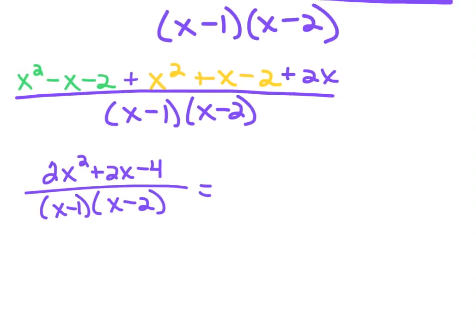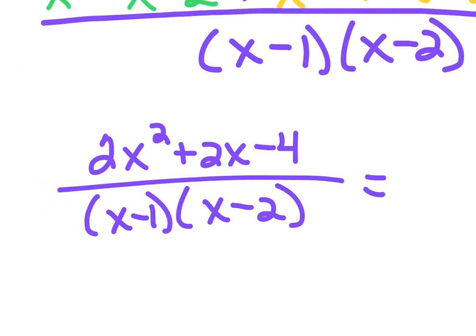I can factor that numerator, and you're going to need to do this on the side of your paper, but I can take out a 2 as a GCF, and then I can also factor the quadratic that you have after you factor the GCF out.